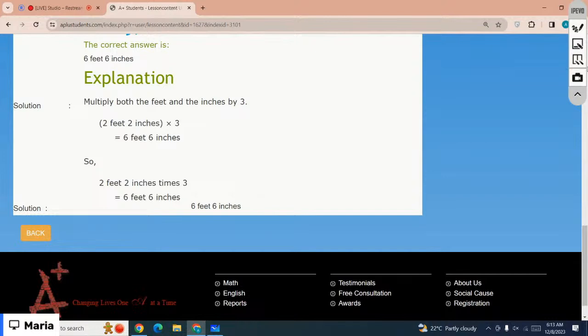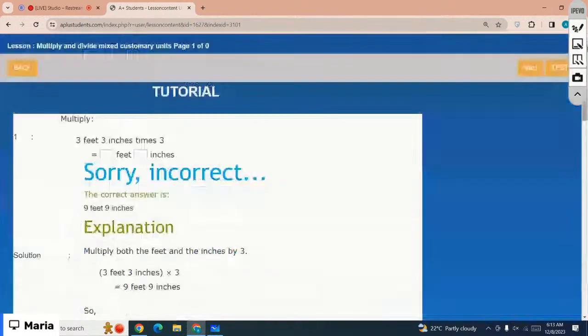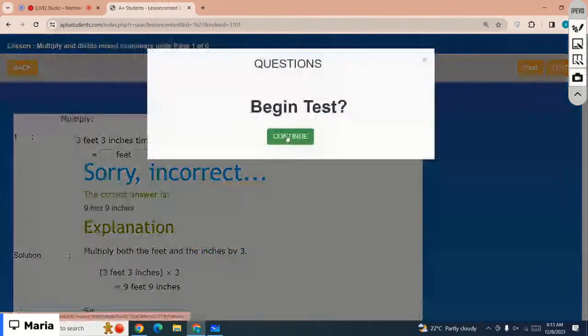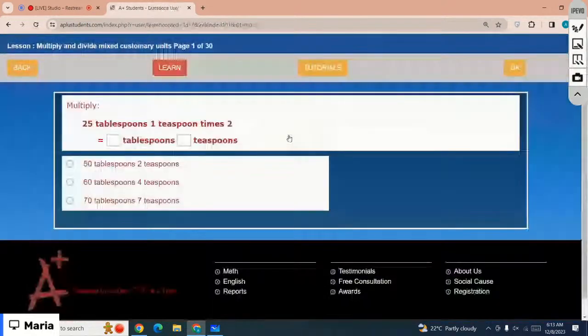Okay, let's just start with the test questions. Okay, 25 tablespoons, 1 teaspoon times 2. You have to multiply them by 2.